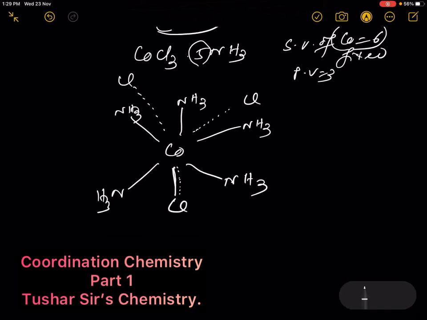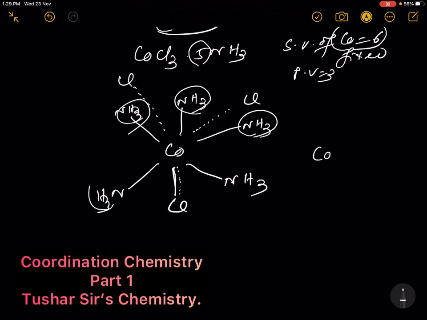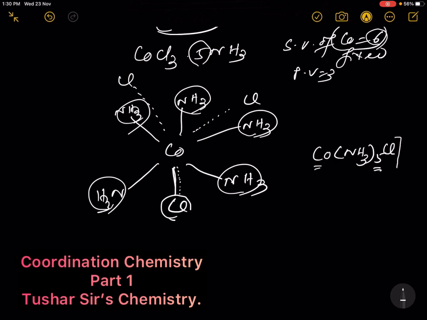You see, Co, there are 5 ammonia molecules, so Co(NH3)5, but its secondary valence is 6. Another chlorine forms a coordinate bond with central cobalt, and these 5 plus 1, 6 ligands are kept in the square bracket, and another 2 chlorine atoms are written outside the coordination sphere as counter ions.